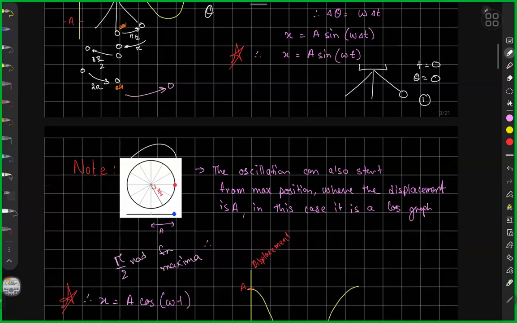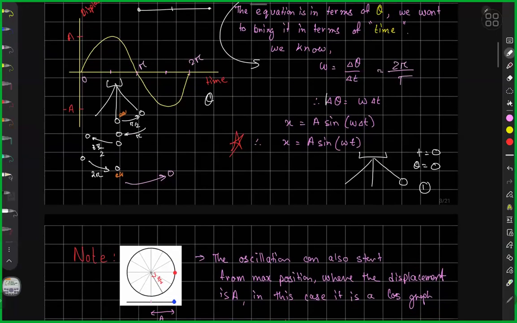So sure, when you look at this diagram, the starting position is at a pi by 2 radians displacement away from the equilibrium position, fair enough. But when we're doing the maths, how do we explain theta? Omega times del t. So when my del t is 0, what is my theta? 0. So if the maxima is your starting position, your theta is 0, not pi by 2.